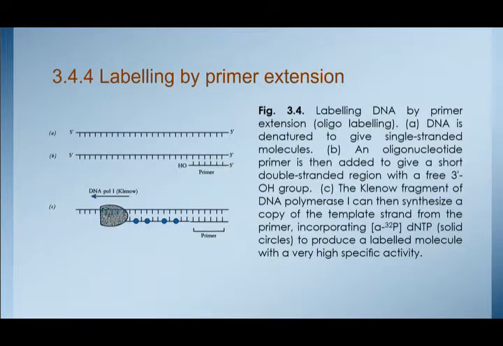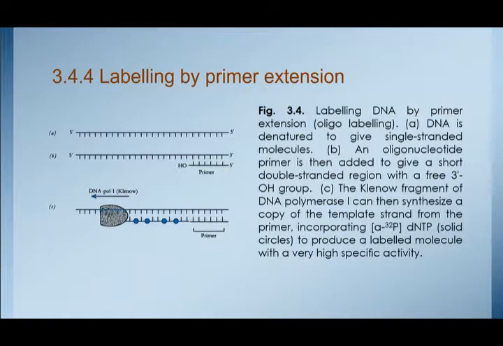The DNA to be labeled is denatured by heating, and the oligonucleotide primers annealed to the single-stranded DNA. The Klenow fragment of DNA polymerase can then synthesize a copy of the template primed from the 3' hydroxyl group of the oligonucleotide. If a labeled dNTP is incorporated, DNA of very high specific activity is produced.